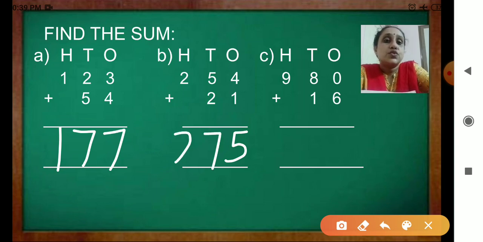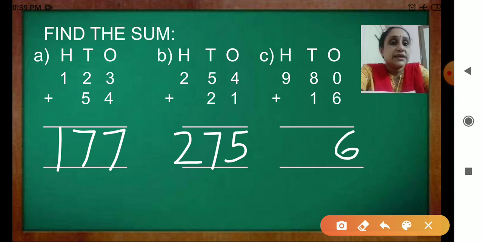And 2 will come down. Now the next one, 980 plus 16. 0 plus 6, 6. 8 plus 1, 9, and 9 will come down. Note it down. Understood?